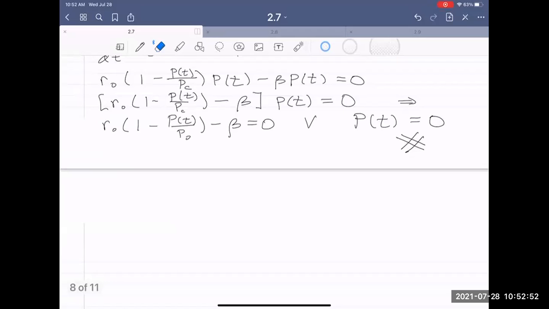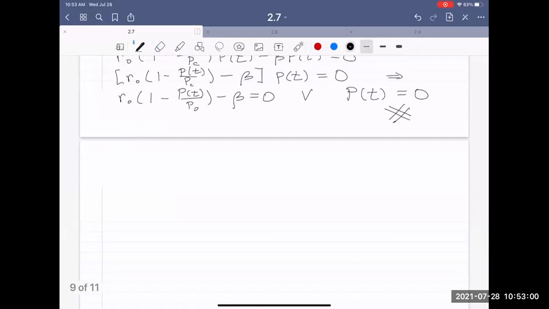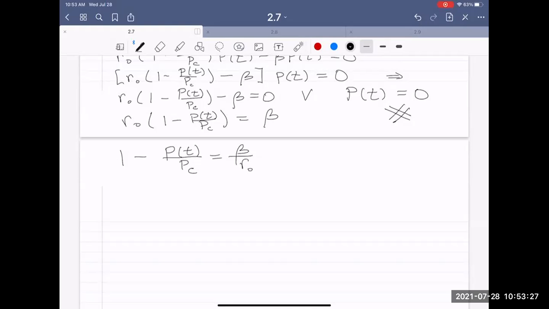So now let's try to figure out what P of t is. Let's bring beta to the other side of my equation. So R sub 0 times 1 minus P of t over P sub c is equal to beta. So I have that 1 minus P of t over P sub c is equal to beta over R sub 0. I'm assuming, of course, R sub 0 is not 0.